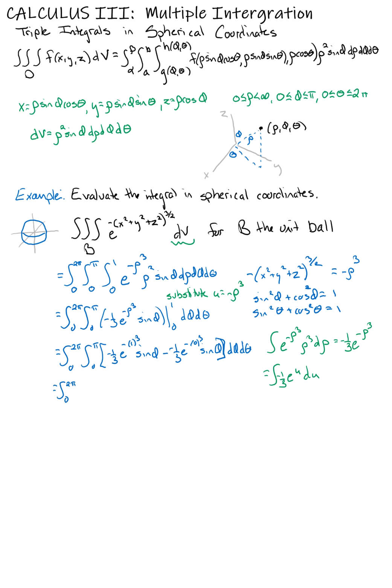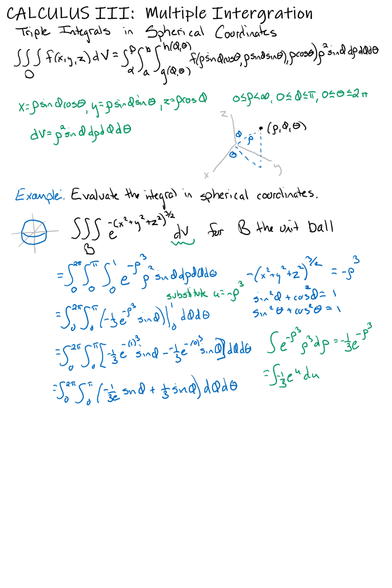So if we simplify all this down, we end up with negative 1/3e sine phi plus 1/3 sine phi. Again, notice that the e in the second term becomes a 1. E to the 0, that becomes 1, so I don't have an e in that second term.